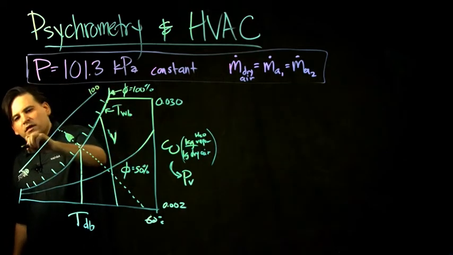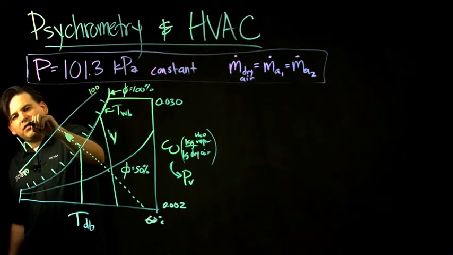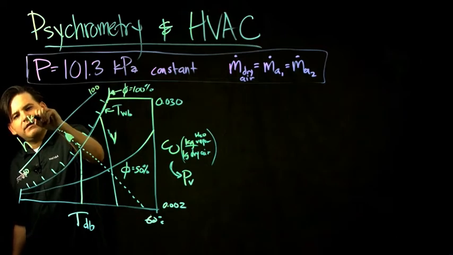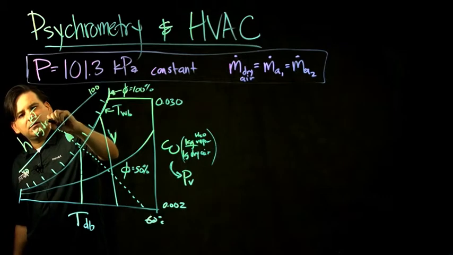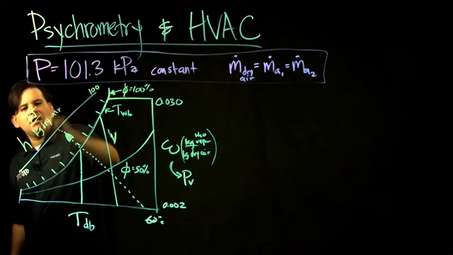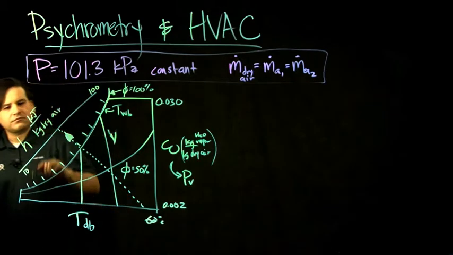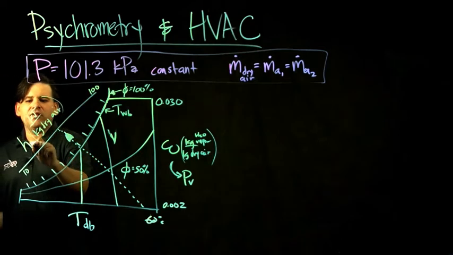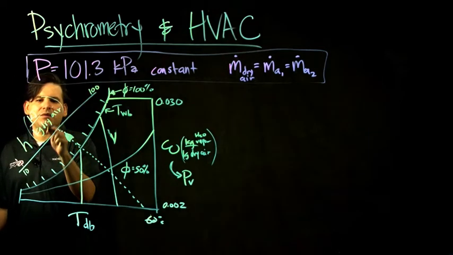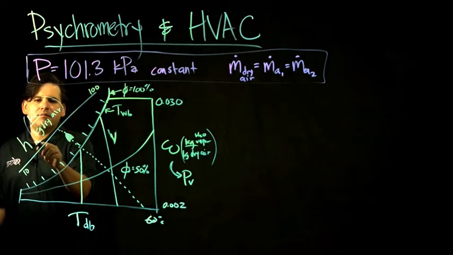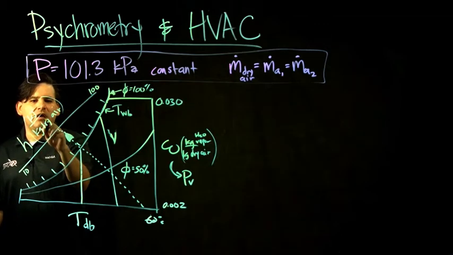The unique thing about this is the units of these enthalpies: this is the enthalpy of the mixture of vapor and dry air, but it's normalized by the amount of dry air.